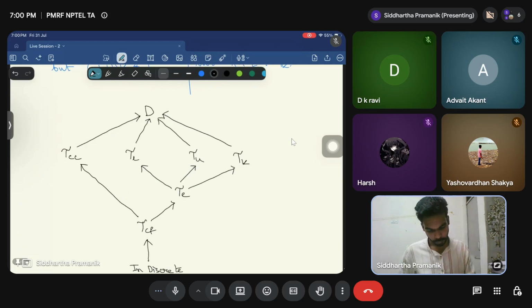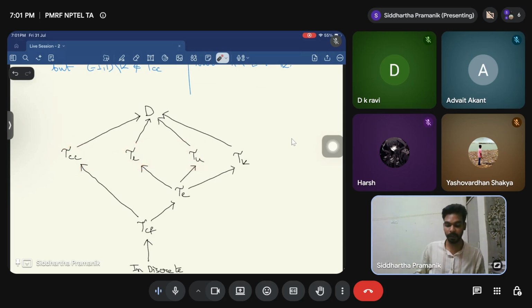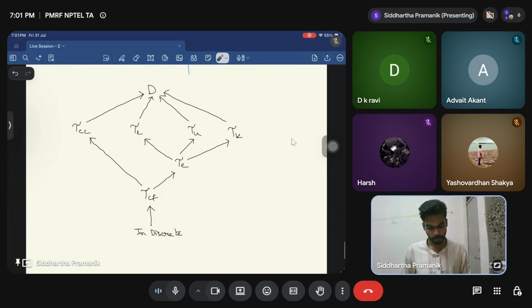The co-countable topology and the lower limit topology, upper limit topology are not comparable. That you can prove easily, so I am leaving that part to you. Try to remember this diagram. This is not difficult to see.